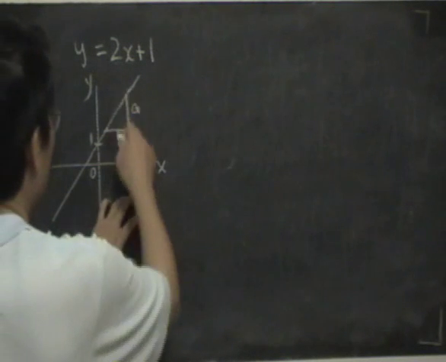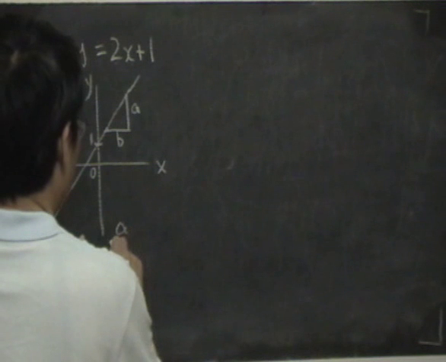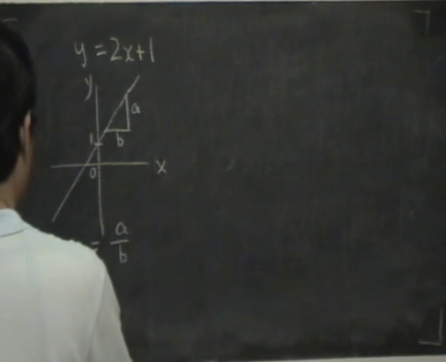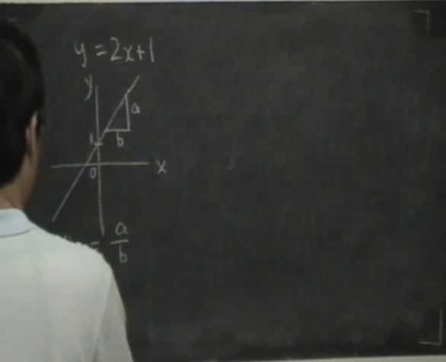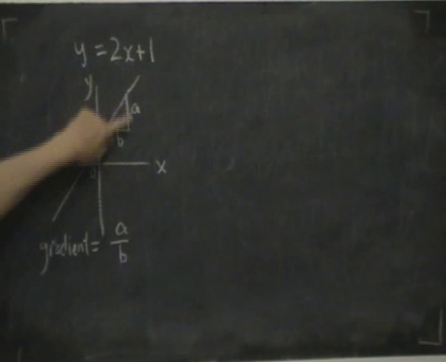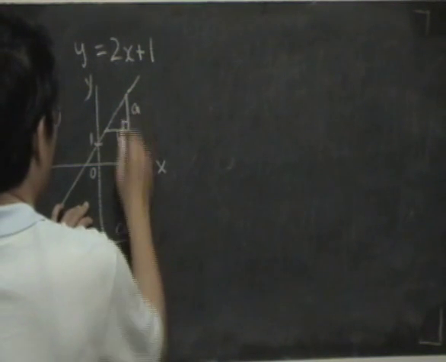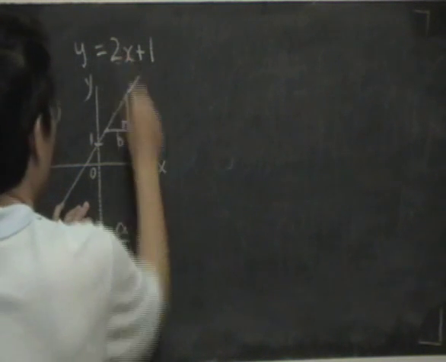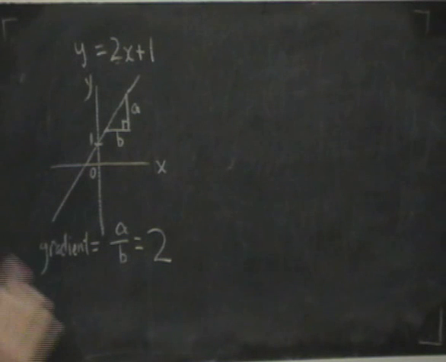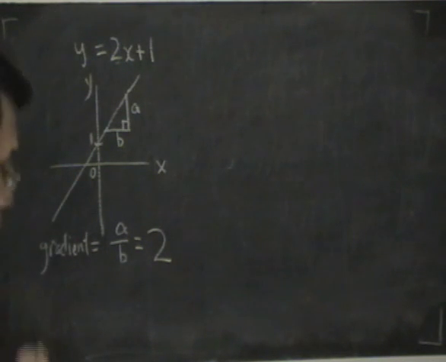So wherever I draw this little triangle, A over B, which is the gradient, vertical over horizontal, with the right angle there, must be 2. So that's what we learned just now for this equation.